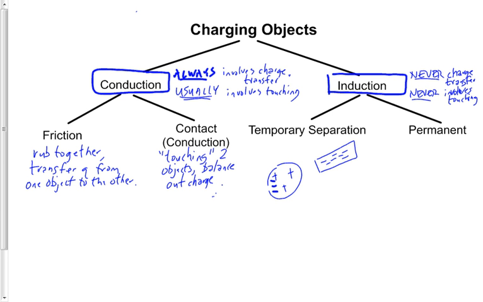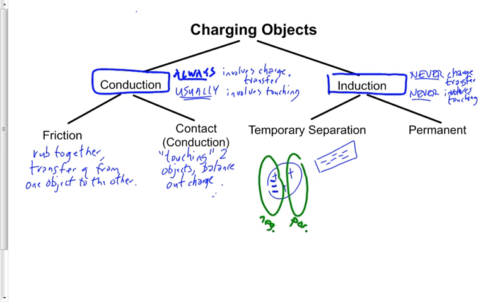Look at what I have now. I still have a neutral round object. But notice now that the charges have separated so that the left side has a net negative charge and the right side has a net positive charge. That's a separation of charge. Why do we call it temporary?